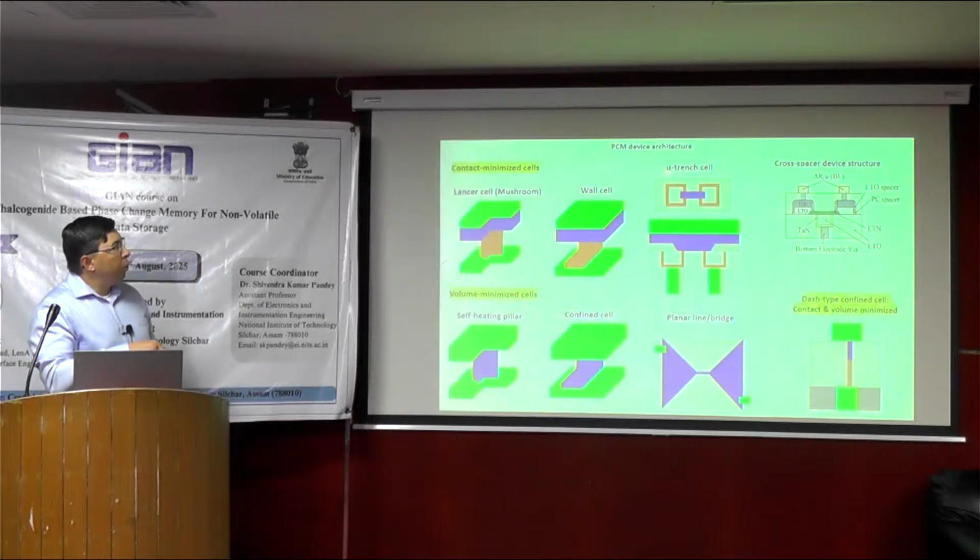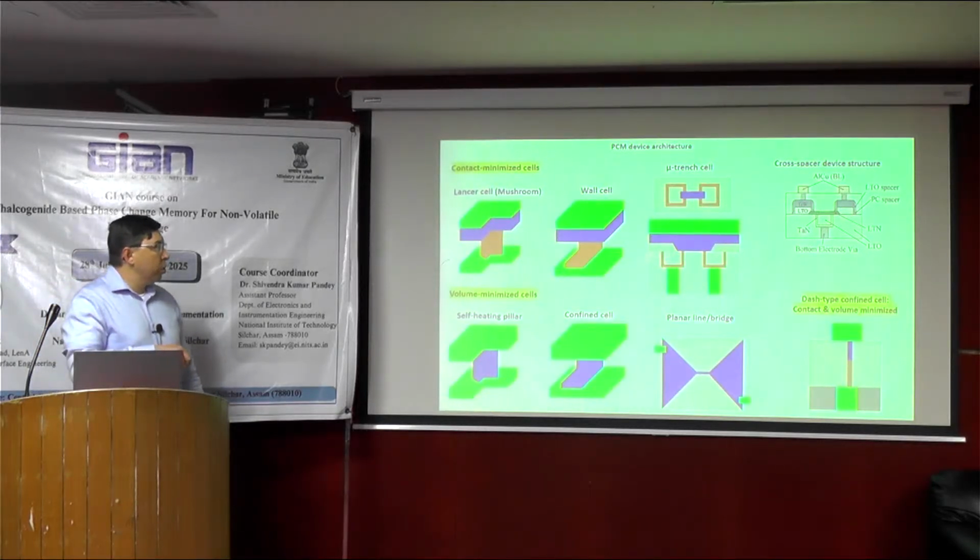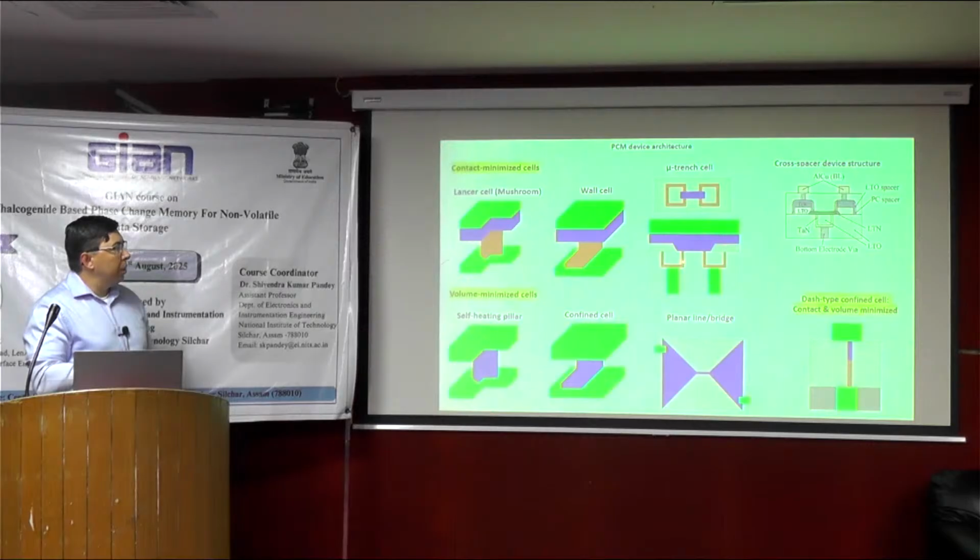Then there is also the mid-range cell. Here you also minimize your heater contact by doing a special design of contact. This is the top view. You see here, this is the contact, and this is the side view from the cross section. You can see that you minimize the contact to your PCM, to your phase change material.